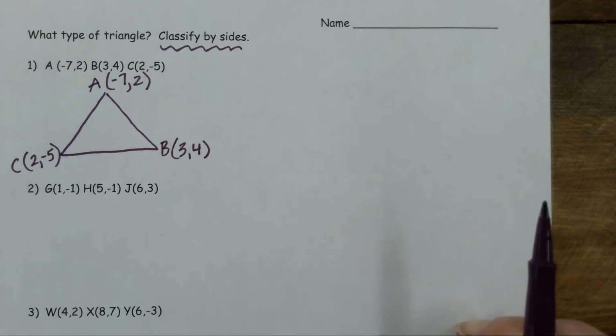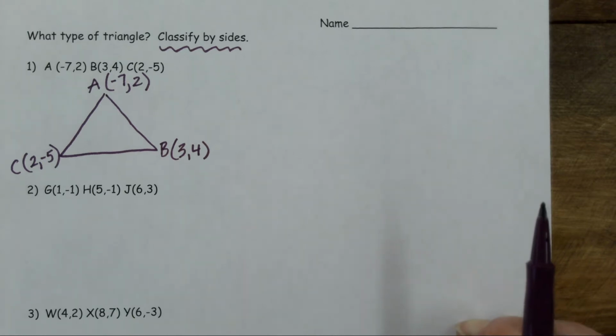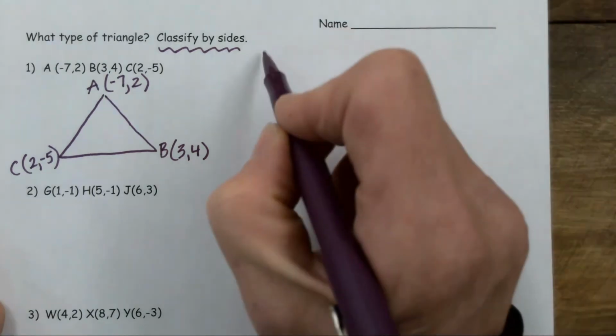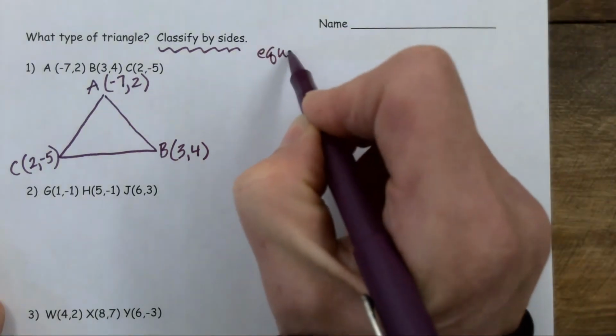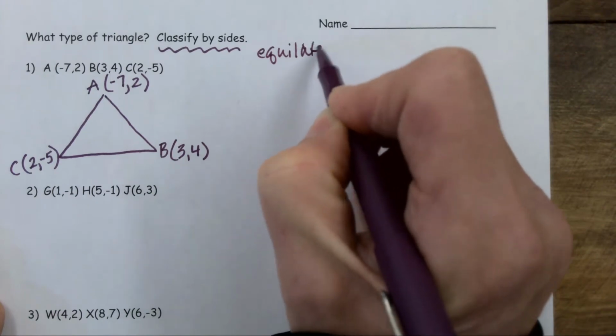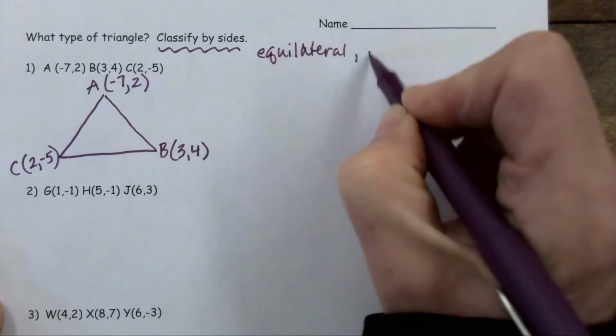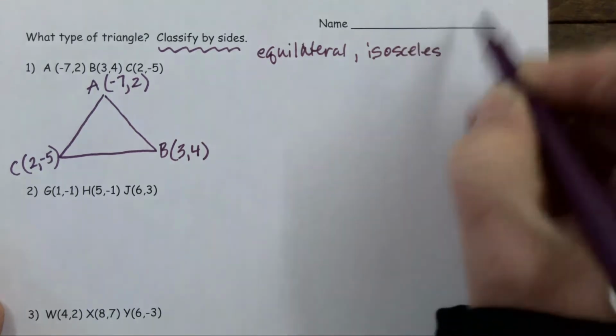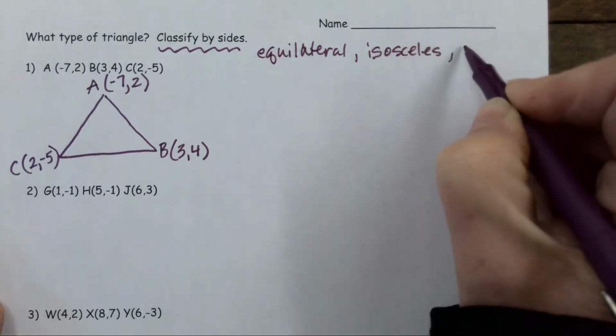What do we call a triangle where only 2 sides are congruent? Isosceles. And where no sides are congruent is scalene. Very good. So we are going to be choosing from equilateral, isosceles, or scalene.